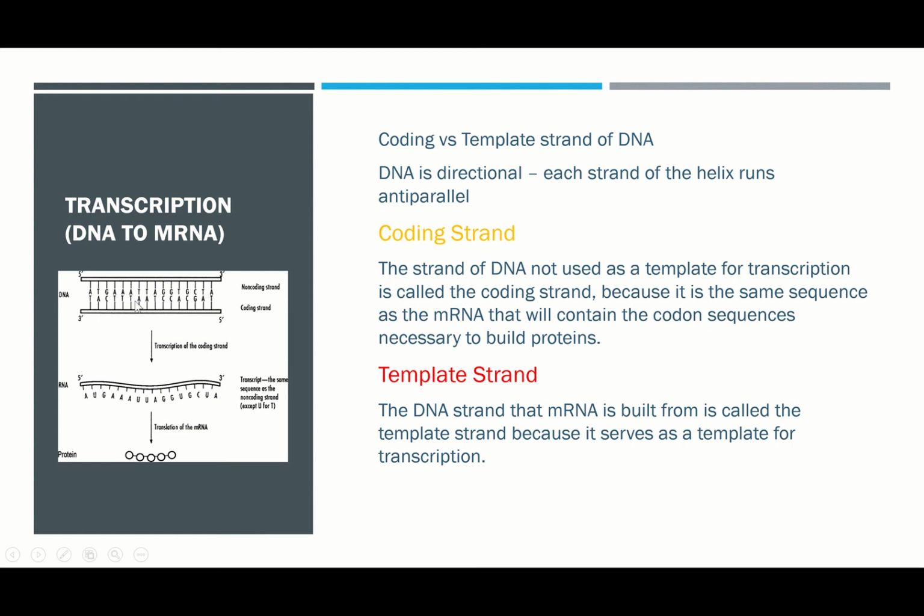So when an mRNA wants to contain the information from the coding strand, it attaches not to the coding strand, but to the template strand, because the template strand contains the other side of the coding strand. As a result, the mRNA made from bonding to the template strand will actually carry information from the coding strand. That's why it's called the template strand, because mRNA uses it as a template.